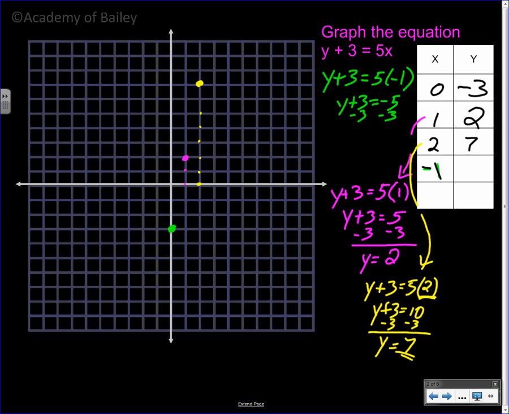You subtract 3 from both sides. Y then is -8. You start at the origin, go left 1 and down 8: 1, 2, 3, 4, 5, 6, 7, 8. And you draw a straight line through there. And that's how you graph a line using a table.